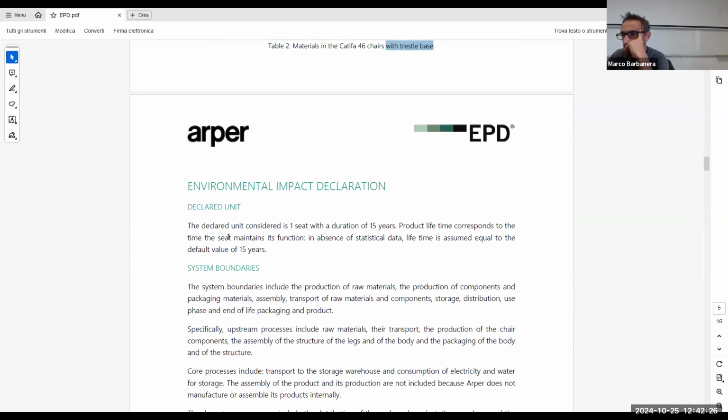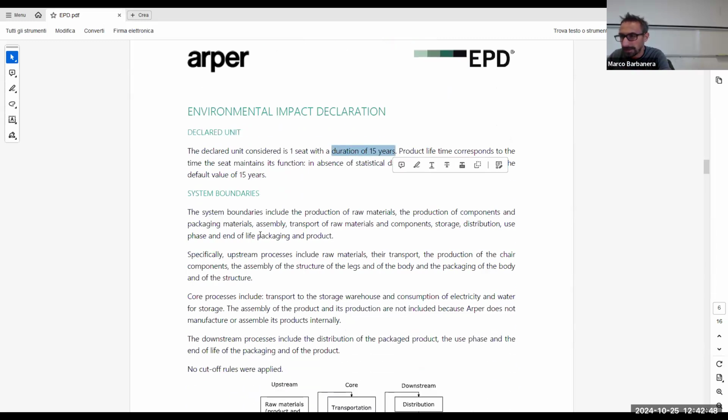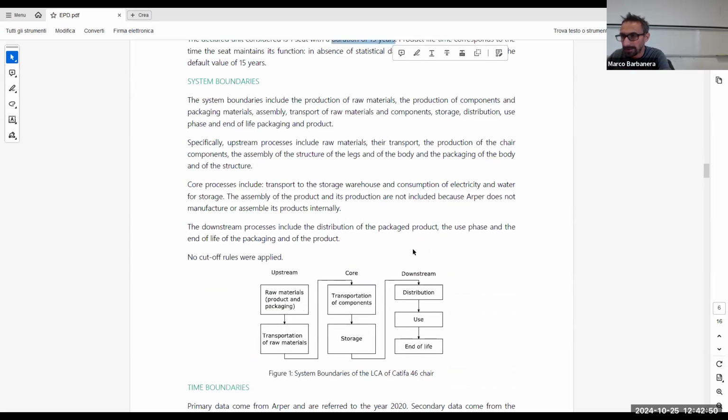Then you have the different hypotheses of the study, as reported in the product category rules. The functional unit is 1 piece, so 1 seat, with a duration of 15 years. Here you can see the system boundaries of the study, the upstream processes, the core and downstream processes.